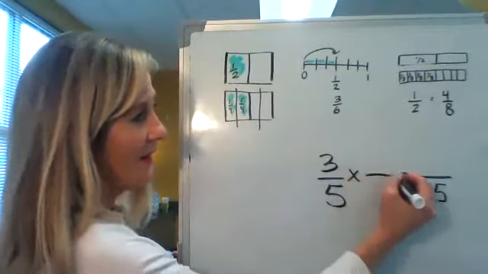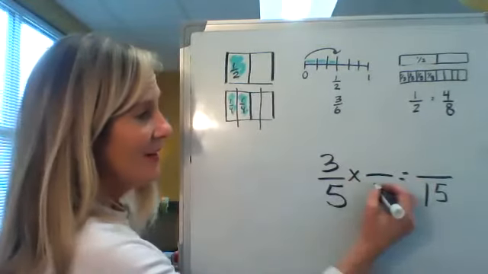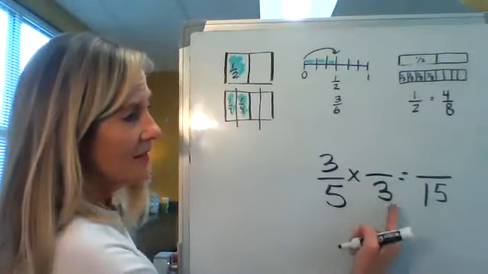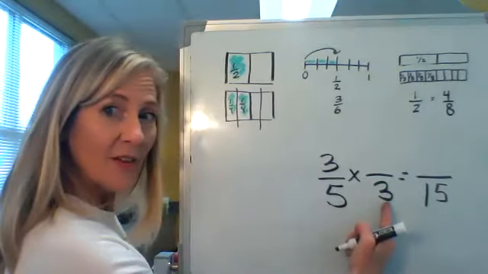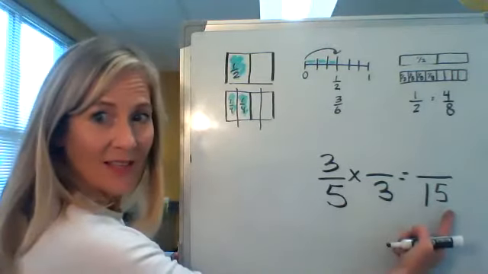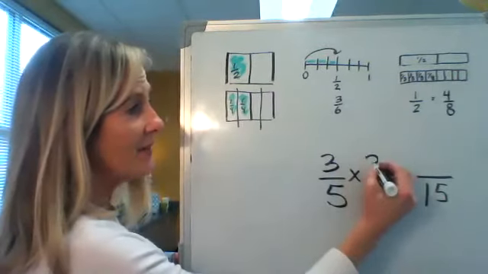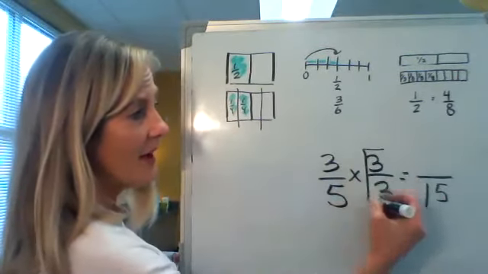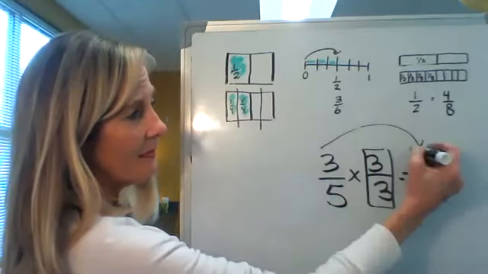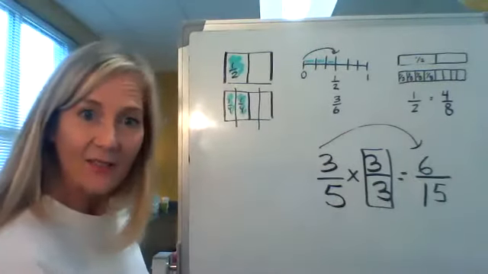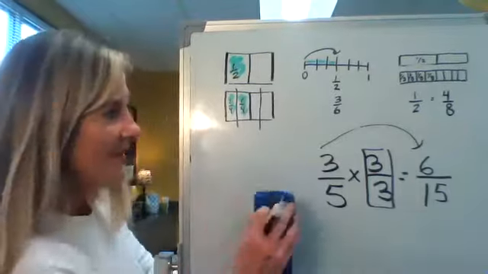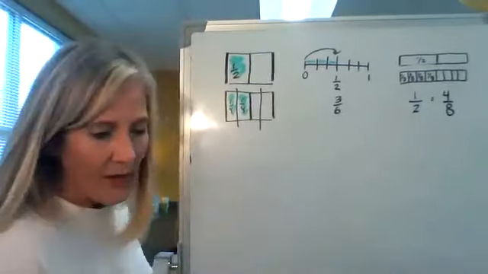So that's kind of my clue. I now know that fifths, if you make 3 times as many fifths, you're going to end up with 15ths. And if I made 3 times as many pieces, I have to give you 3 times as many of them, and I'll get 9/15ths. That's how that works.